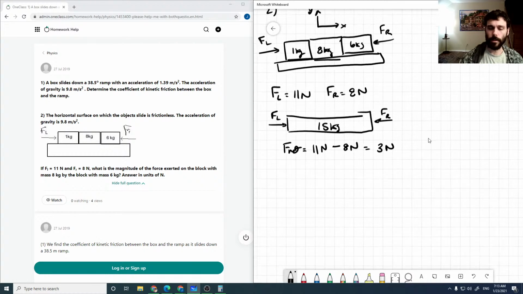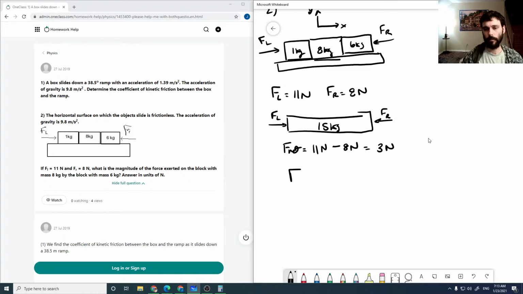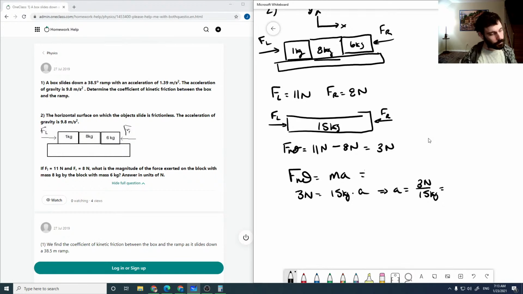So the acceleration of my system, F net is ma, so 3 newtons is equal to 15 kilograms times my acceleration, which means that my acceleration is 3 over 15, which comes out to be 0.2 meters per second squared.